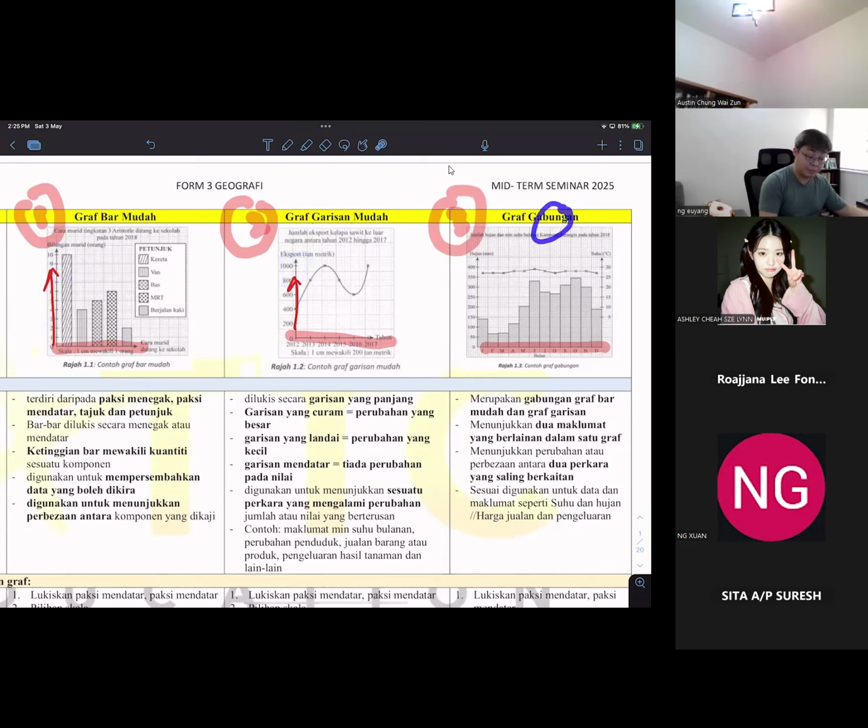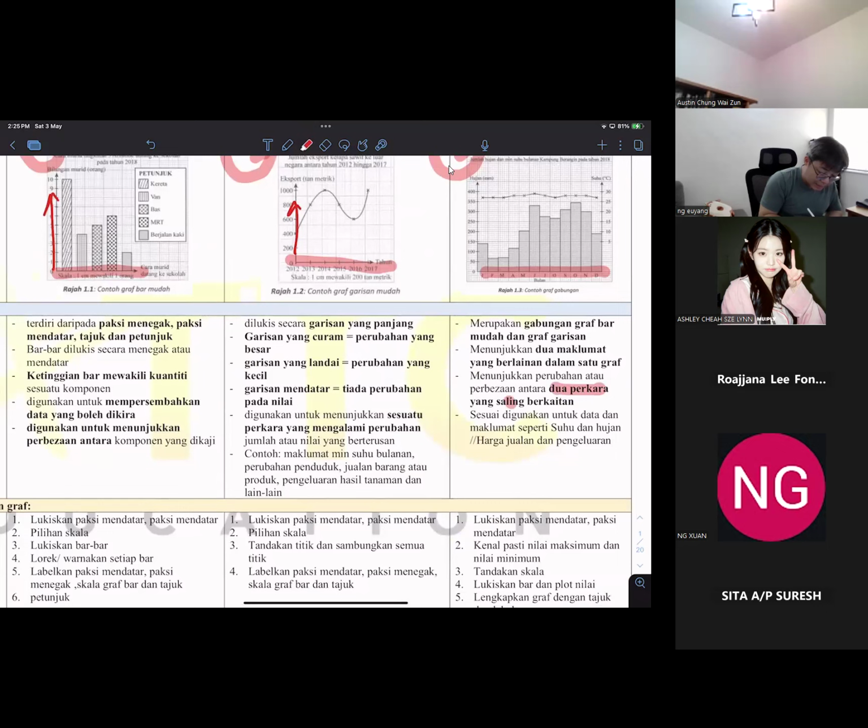But graph gabungan, most likely in your midterm exam or your final term, you are going to focus on 2 items. So highlight dua perkara saling berkaitan. So the dua perkara yang saling berkaitan, most likely in your Form 3, I think not most likely, 99%, is focusing on your suhu and then the hujan. So which is recognized as our iklim lah.